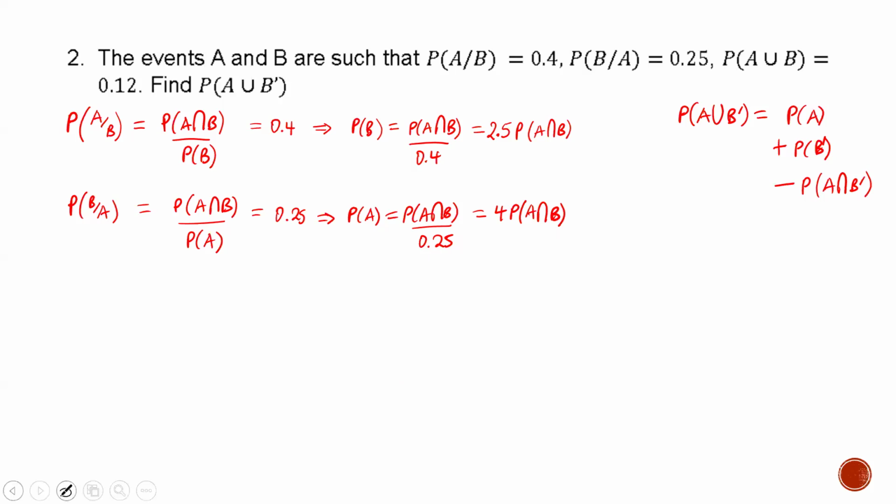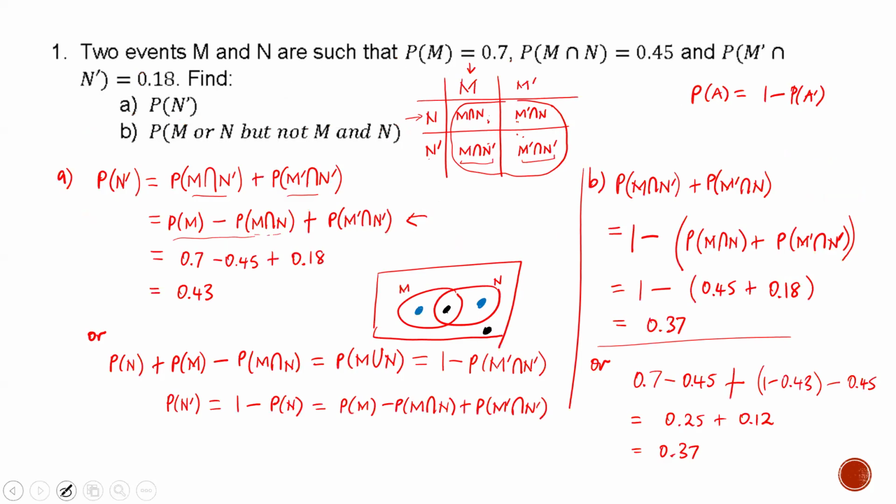This is standard and works for every case. It's just that one of the sets is a complement, but the union of two sets is always given by the sum of the two sets minus their intersection.